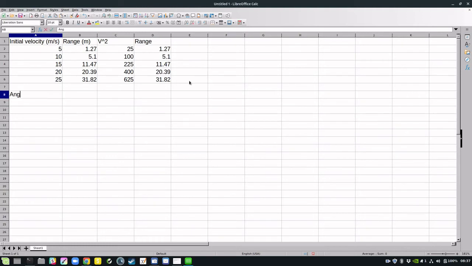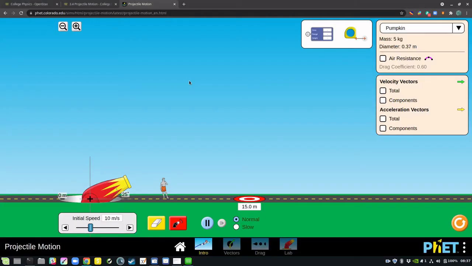We'll call this column angle in degrees, and then we'll say range in meters. And I think we'll go 25, 30, 35, 40, something like that. So for 25, we fire.